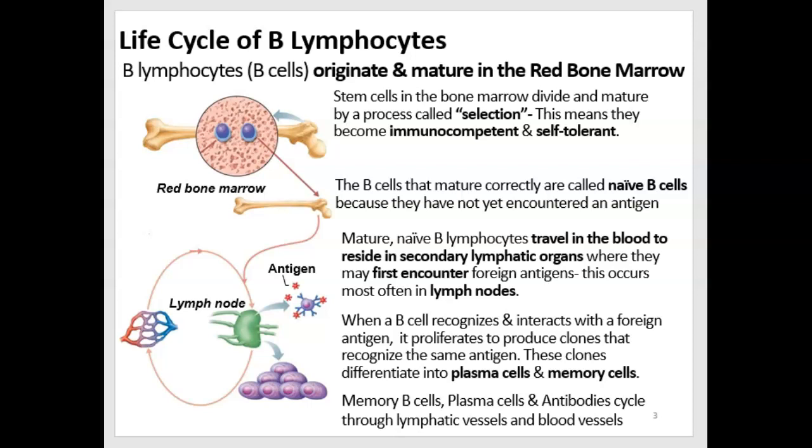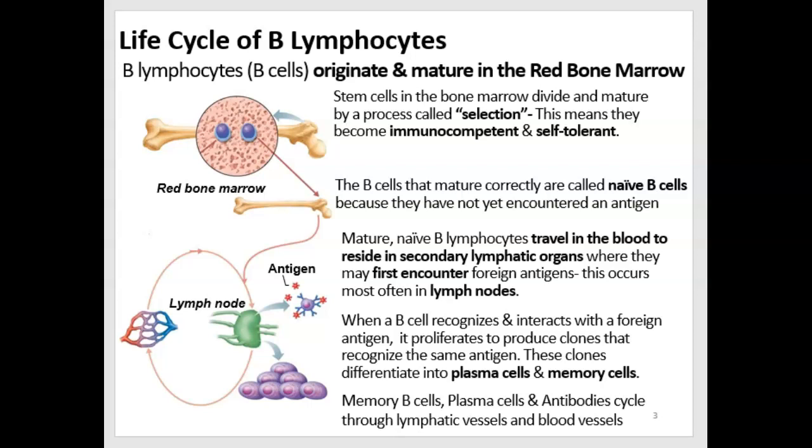And in truth, most often this encounter does happen in a lymph node, but there are other secondary lymphatic organs that we've already studied, like the spleen and the tonsils, Peyer's patches in the small intestine, lots of secondary lymphatic tissues and organs.